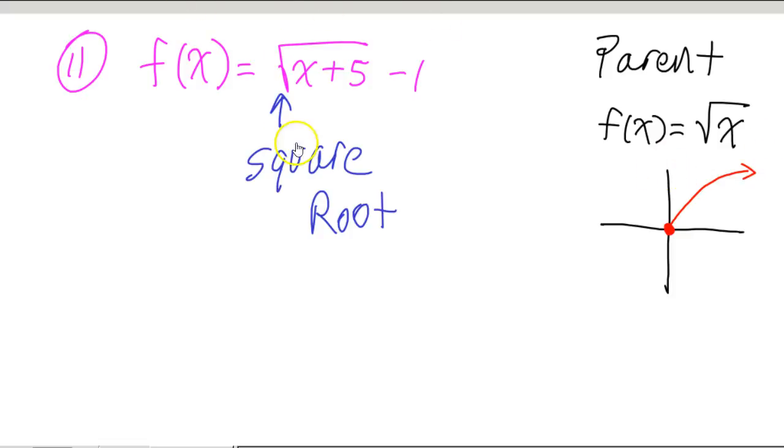So knowing that, we can start saying, okay, if I put an orange box around my parent just so that I can compare, I'm comparing the orange to the pink over here. I see there's a +5 inside with the x and a -1 on the outside.